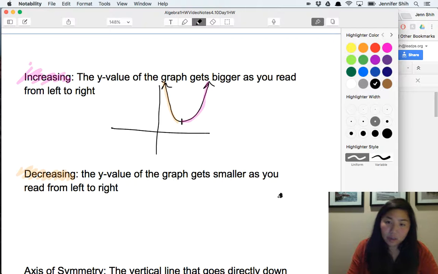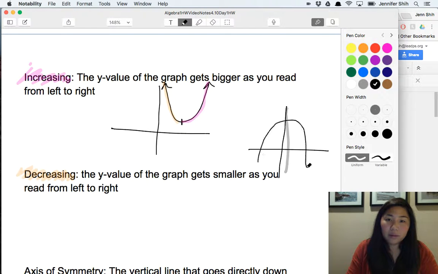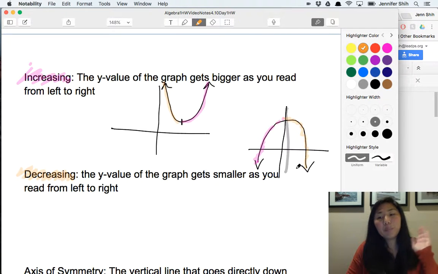You can also draw a picture of when it changes. It increases first and then decreases. So for example, it increases all the way to here, and then it decreases. So parabolas will both increase and decrease.